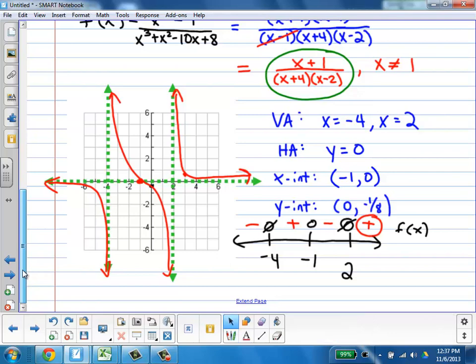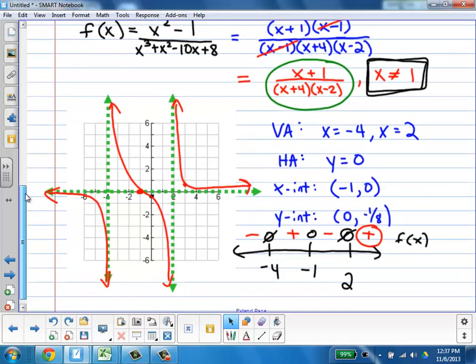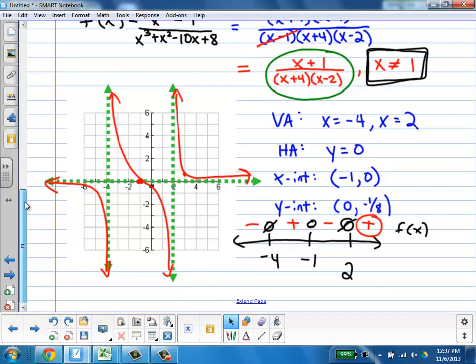So that would be the graph, except look what we have up here. We said x can't equal 1, and if you look at our picture, x does equal 1. It's on there. That's bad. Here's the new thing. When you cancel the x minus 1 from the top and the bottom, you actually make a hole in your graph.